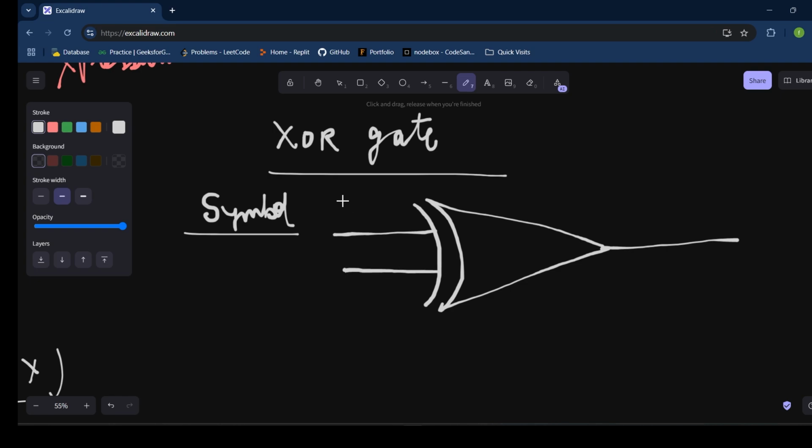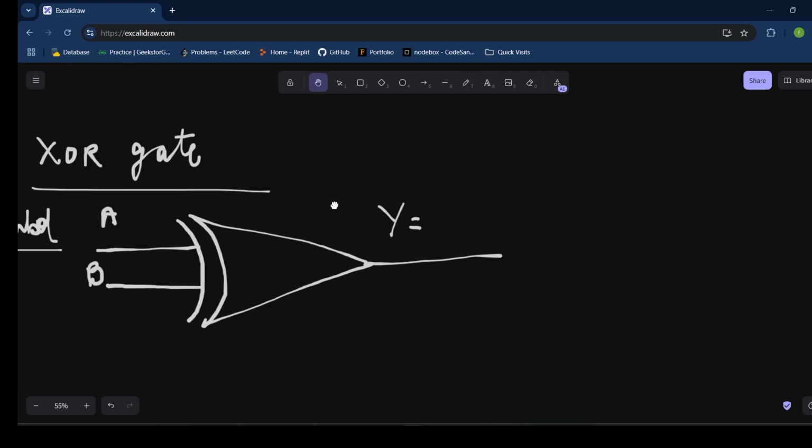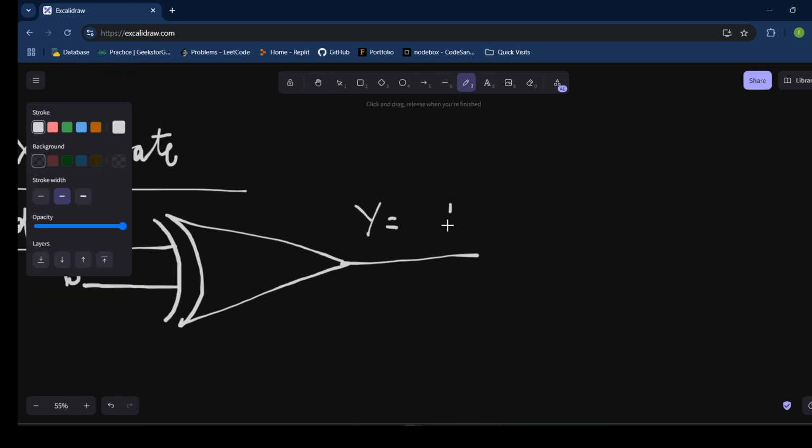Then again it is a two input gate, so A and B. And this time the Boolean expression for this would be simply A bar B plus A B bar. This is also equal to A, simply this symbol. This we call it as A XOR B.